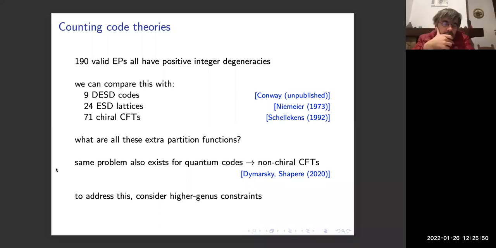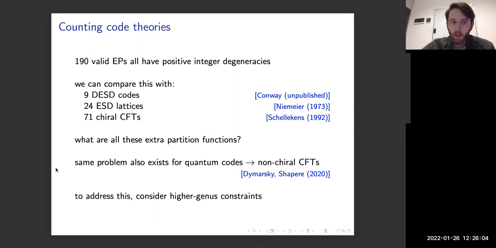But for example, these extra enumerator polynomials, could you address your question by showing that the extra enumerator polynomials don't correspond to any DESD code? Well, in practice, it's not clear how to do that.